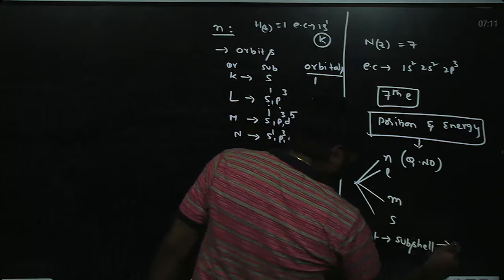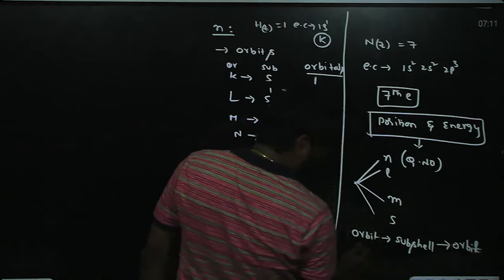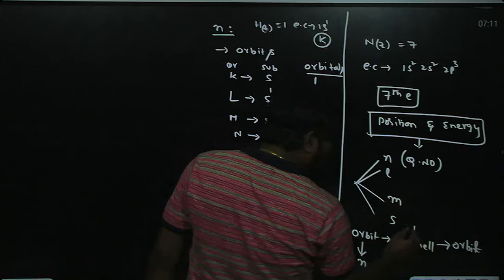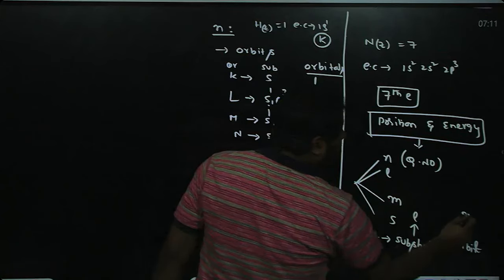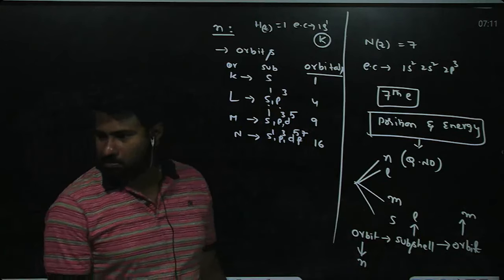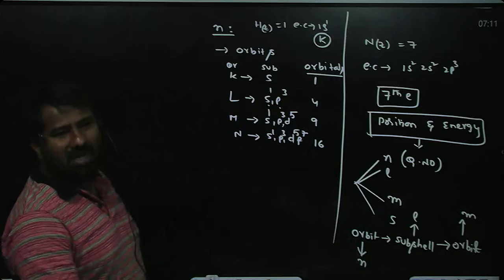Always an orbit contains subshells, and the subshell contains orbitals. The orbit is represented by the principal quantum number, the subshell by the azimuthal quantum number, and the orbital by the magnetic quantum number. Simple logic. Spin represents the spin of the electron in a given atom.